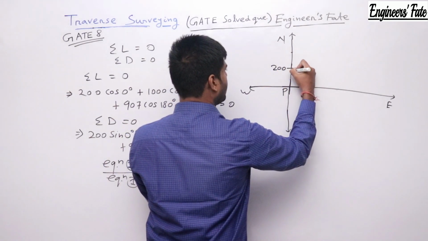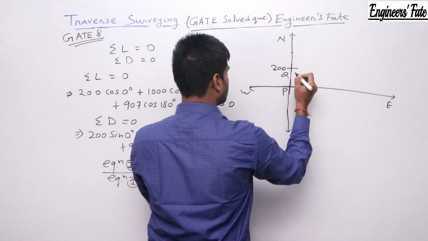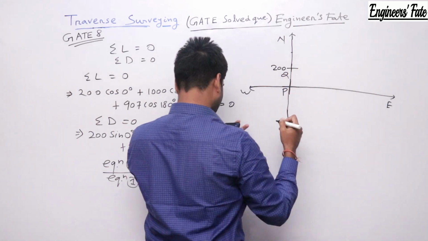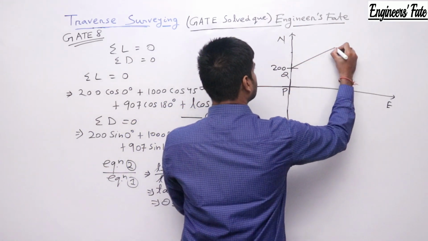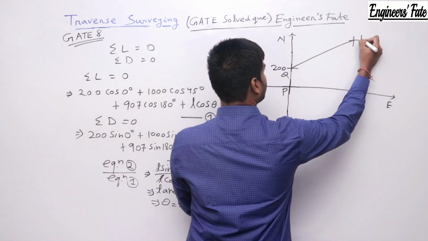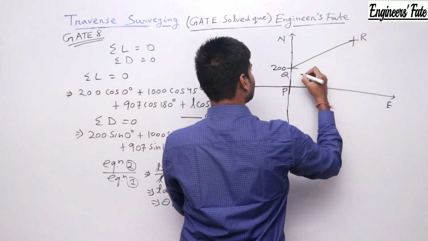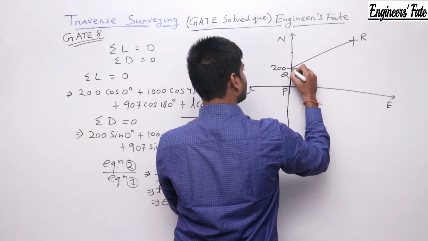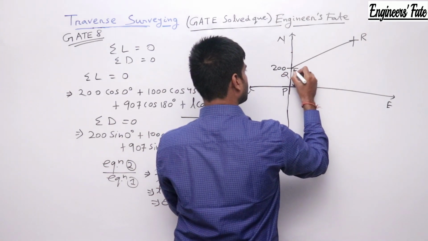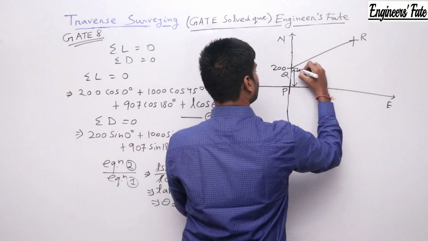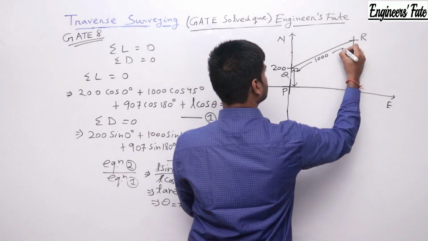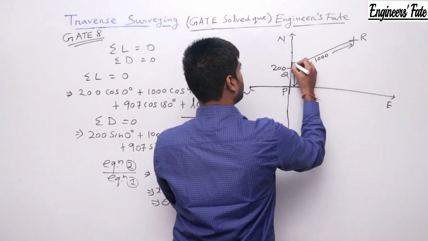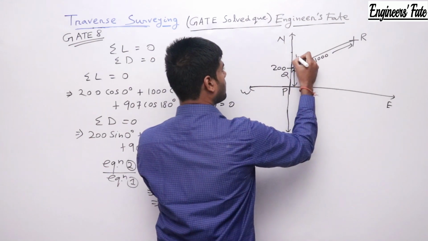Then this is PQ. This is Q. Then QR. There is a point R over here. QR length is given as 1000, and the bearing is given as 45 degree.